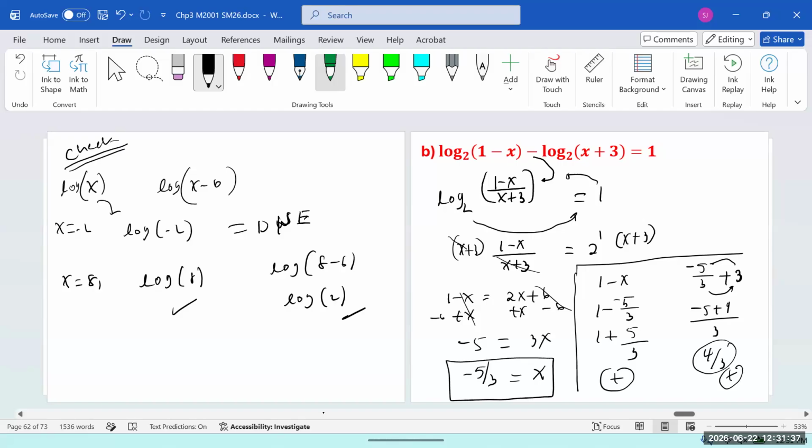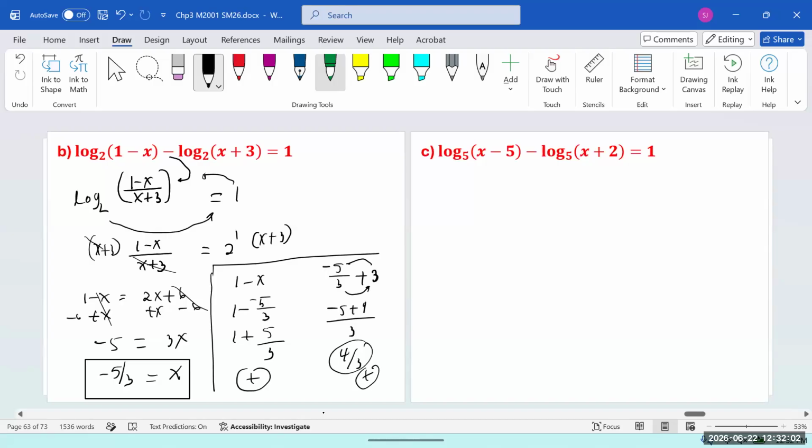Just because you have a negative, it doesn't mean it's automatically invalid. The number can be negative. The argument cannot be negative or cannot be 0. Even x equals 0, we can accept, because 1 minus 0 is 1. It's a real number. It's valid. So the log cannot take any 0 argument or negative argument. That's the condition.